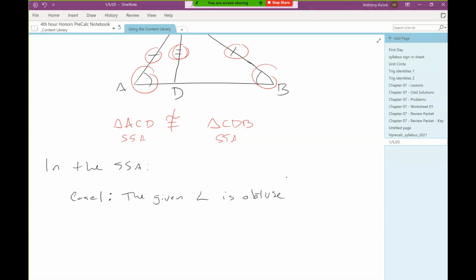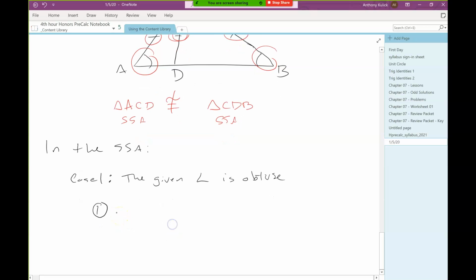So if the given angle is obtuse, we have the following three situations that can happen.